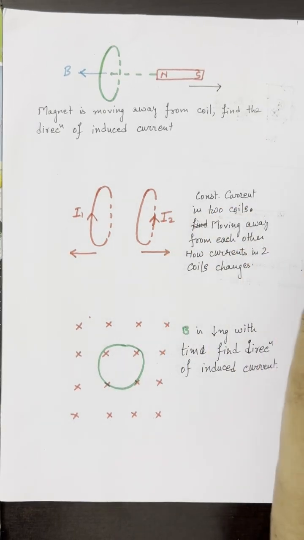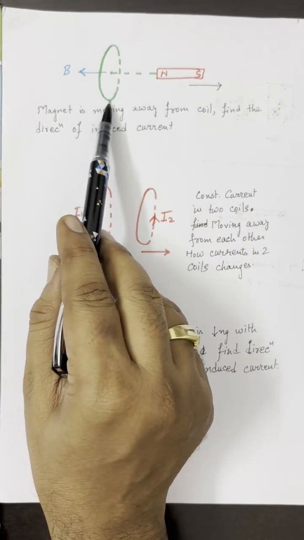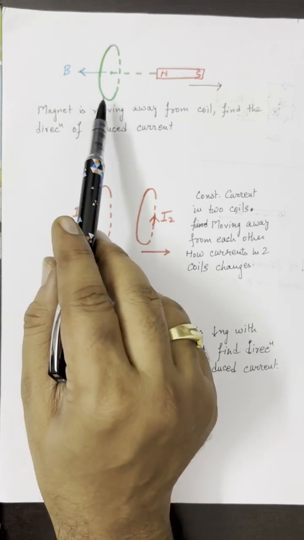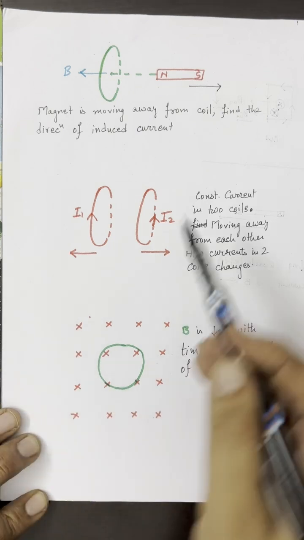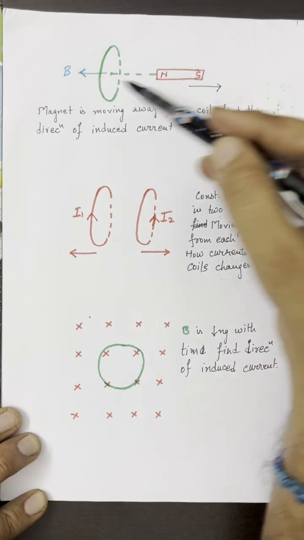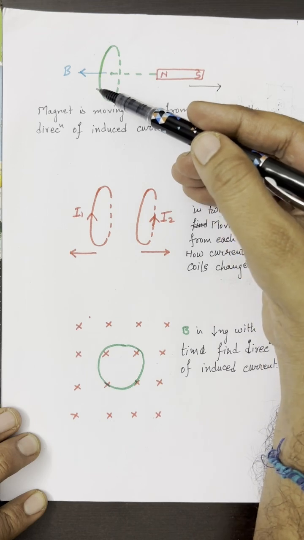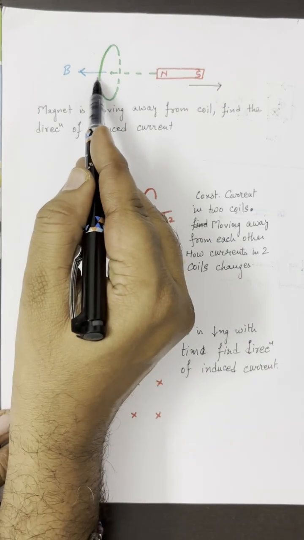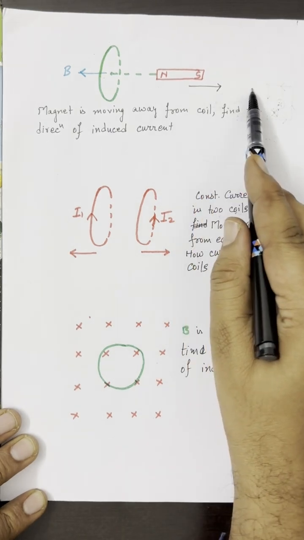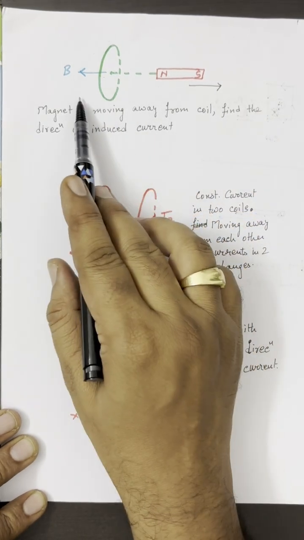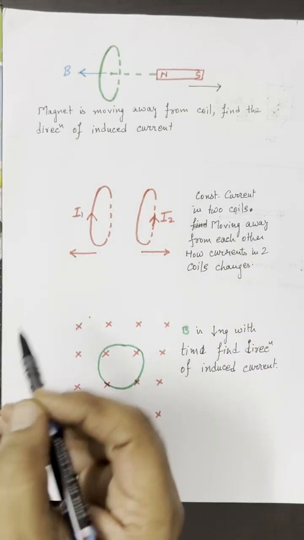We have to find the direction of the induced current in the coil. Due to this bar magnet, magnetic field is present at the location of the coil. That magnetic field is towards the left. As this bar magnet is moving away, this original magnetic field is decreasing with time.